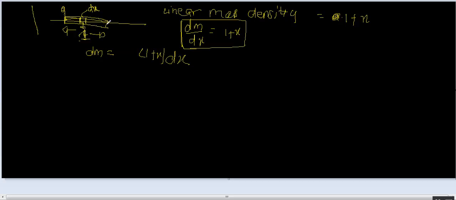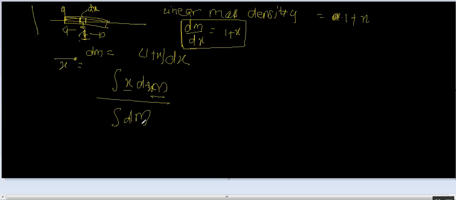Okay, and now what is the x coordinate of the center of mass? The x coordinate of center of mass will be integration of x dm divided by integration of dm.